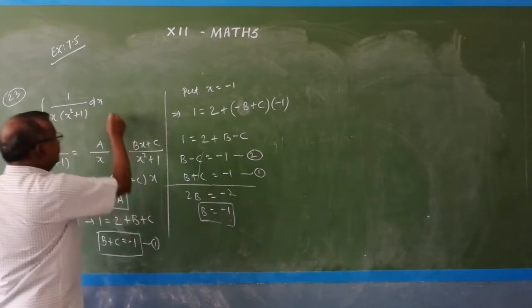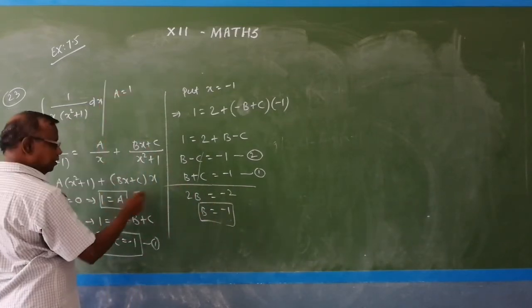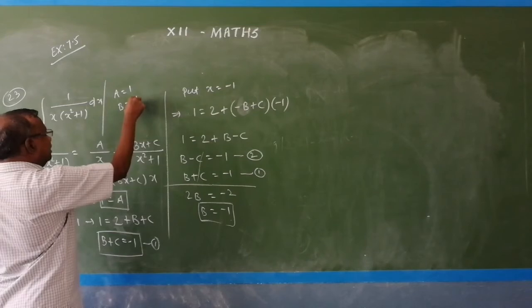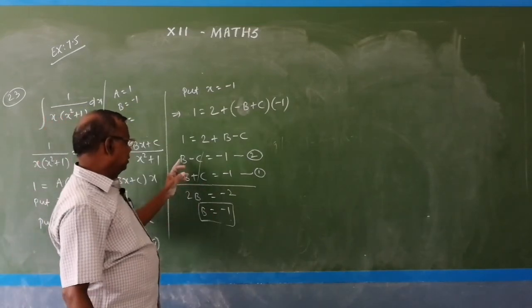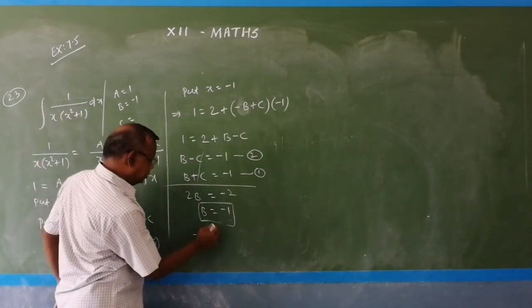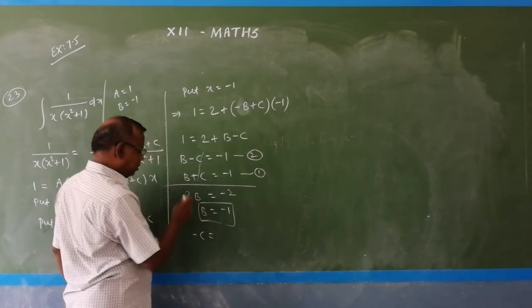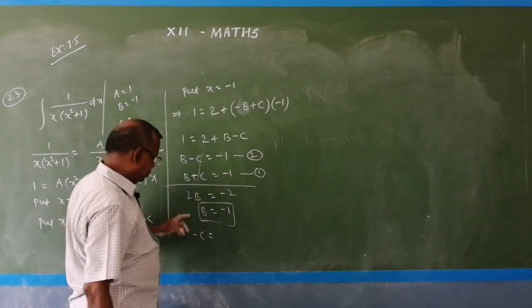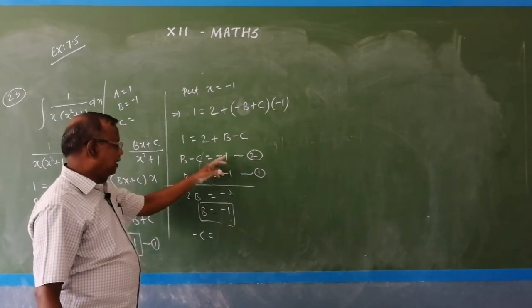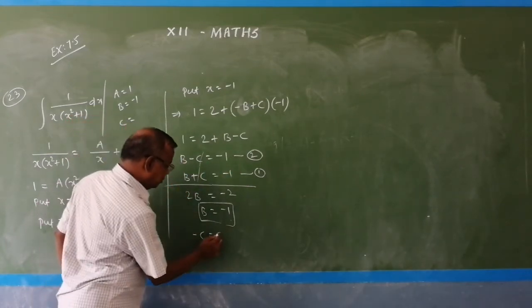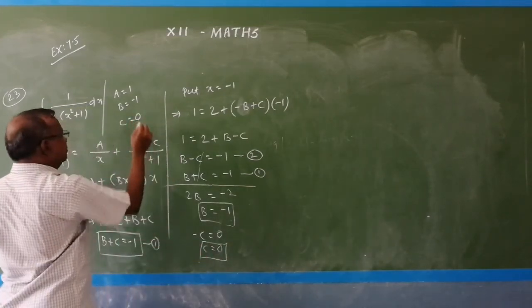So, we have a equal to 1 and b equal to minus 1, and substituting the value of minus 1 here, minus c equal to minus 1 goes there, means minus 1 plus 1 equal to 0. So, b minus c equal to minus 1. So, b equal to minus 1 goes there, means plus 1, 1 minus 1 is 0. So, minus c equal to 0, or c equal to 0.